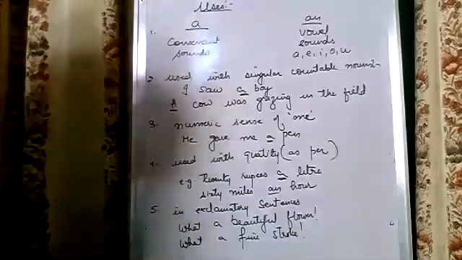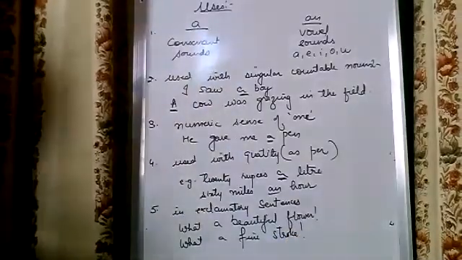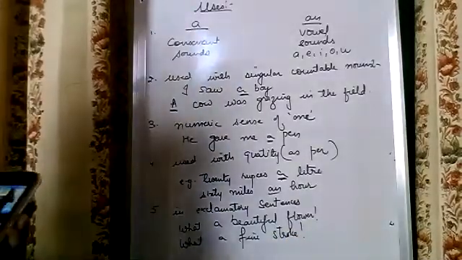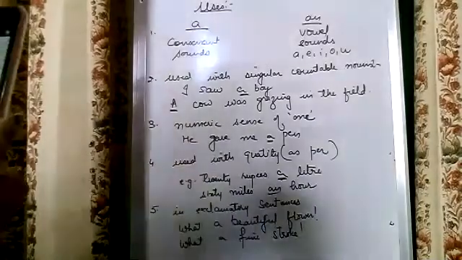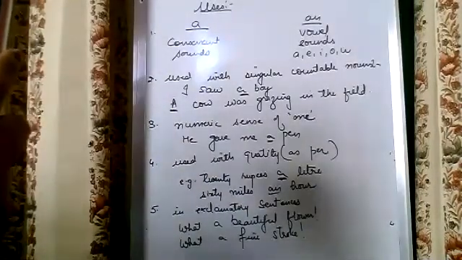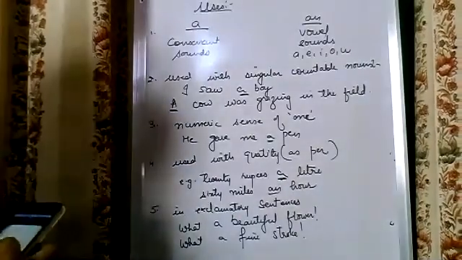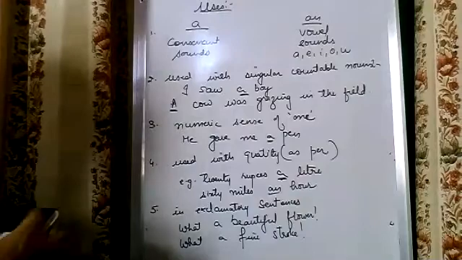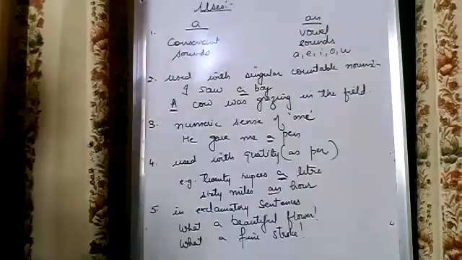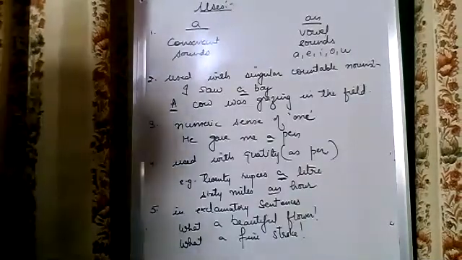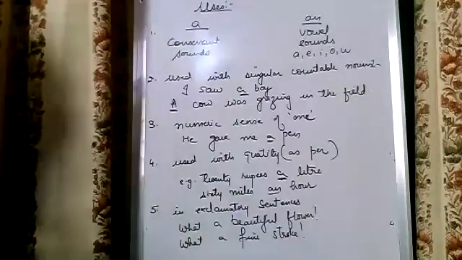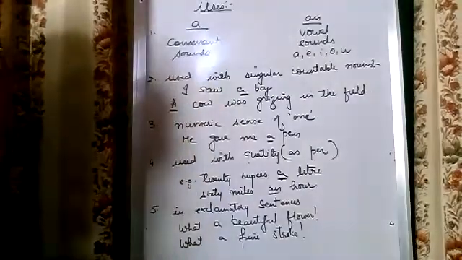So these are exclamatory sentences. With these exclamatory sentences, we also use the indefinite articles, that is a or an. So I hope that a or an is clear to you, students?